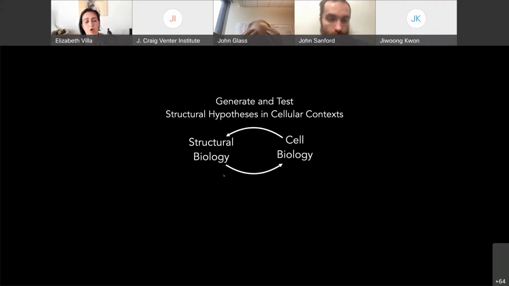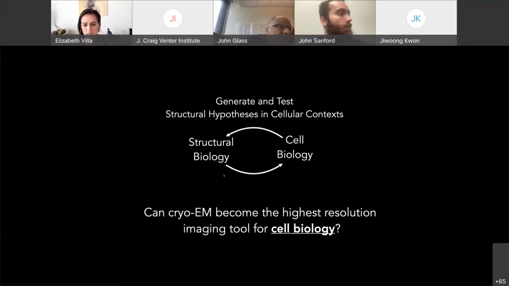So what's interesting to me in the lab is to really try to generate and test structural hypotheses in cellular context. You can use tomography as a structural tool, and we've done that in the past. But really the idea is to use it as a scaffolding technique to look at other results from other data, or experimental or computational data, and always tomography helps in this way.